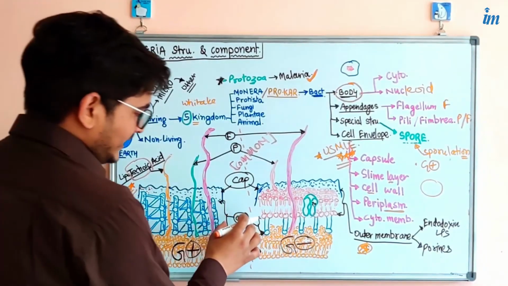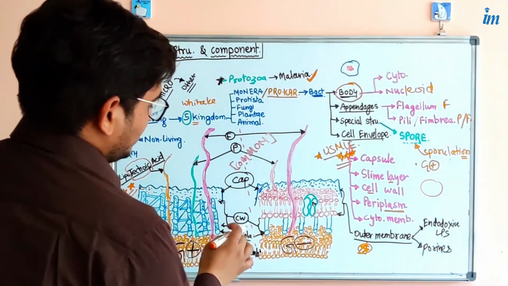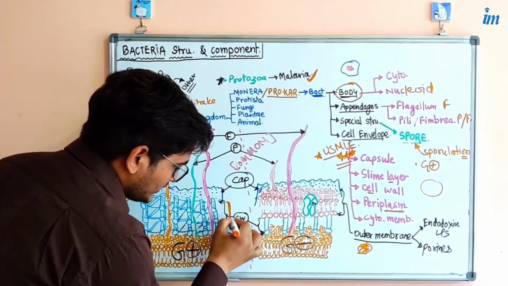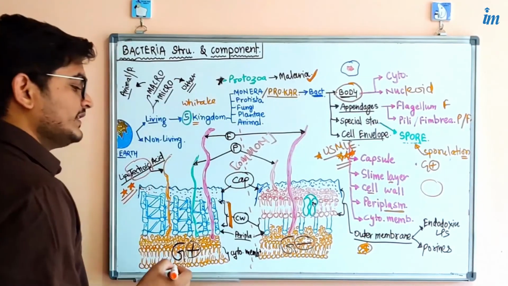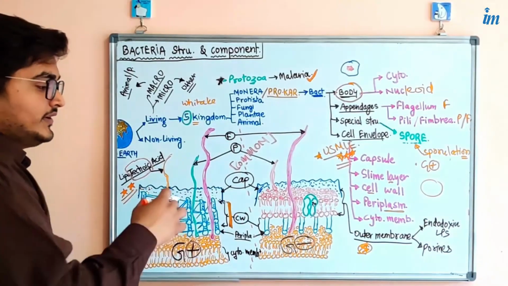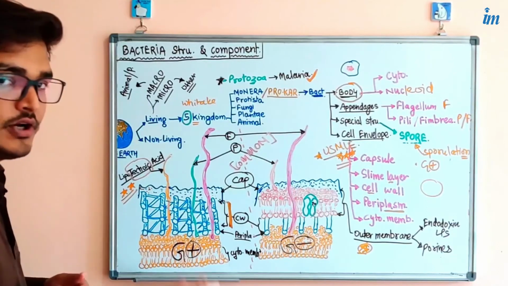Also the cell wall peptidoglycan layer is present in both bacteria, but you can see the thickness in gram positive bacteria is more than in gram negative bacteria. That's why the gram staining process helps us differentiate between gram positive and gram negative bacteria.